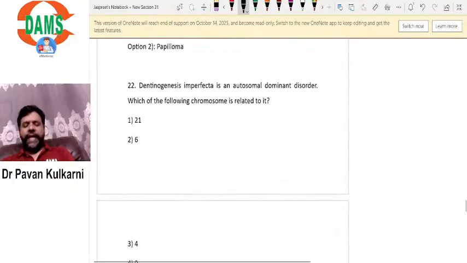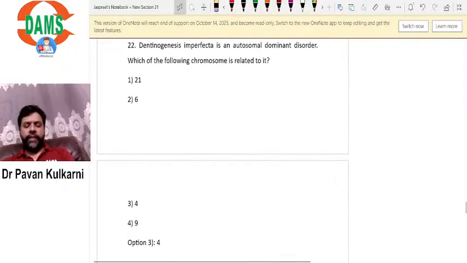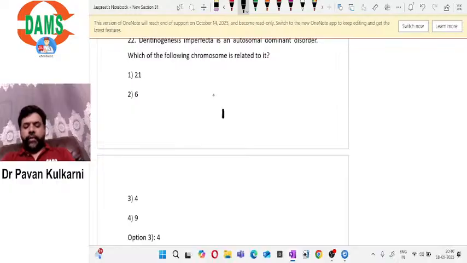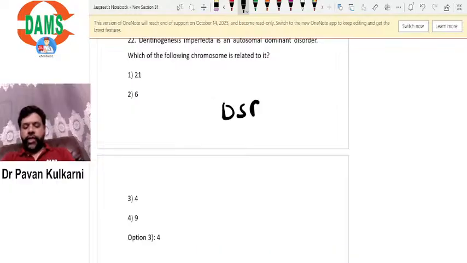Okay. Dentinogenesis imperfecta is an autosomal dominant disorder. All of us know. Which of the following chromosomes is related to it? That means the location of the gene. So we know that the DSPP gene, dentine sialophosphoprotein gene, is the one. The DSPP gene is mutated in case of dentinogenesis imperfecta.